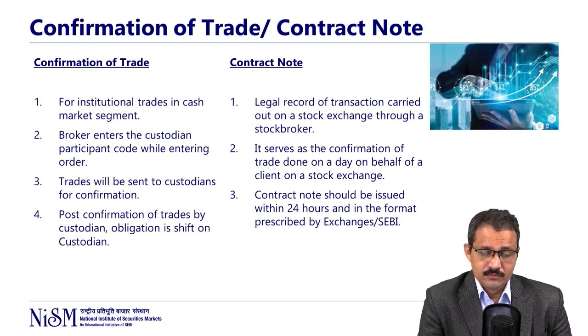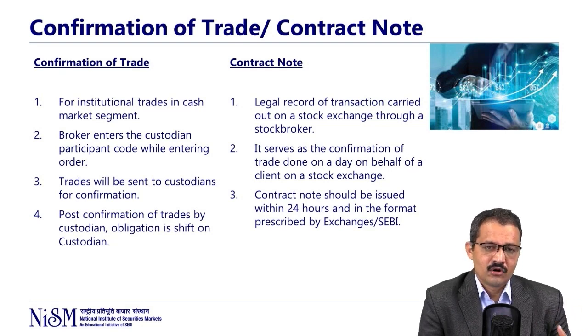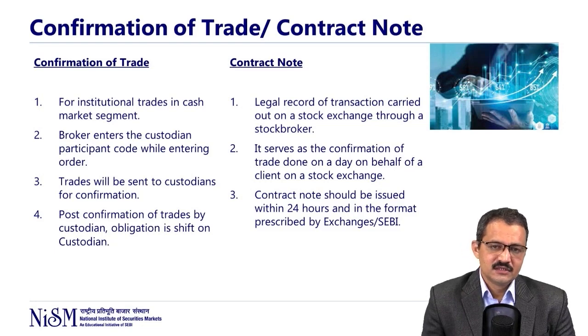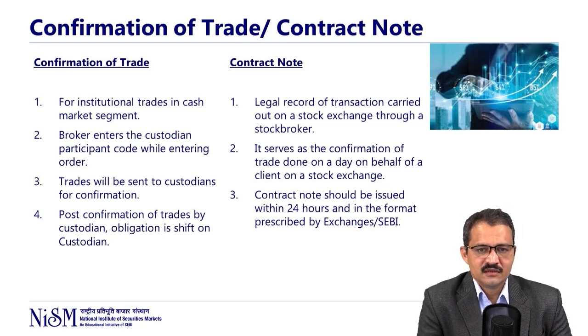The contract note should be serially numbered starting with the financial year. It should include details of the client, including his PAN, and details of the orders: order number, order type, security, quantity, price, trade date, trade number, and trade time. All this information should be there in the contract note.